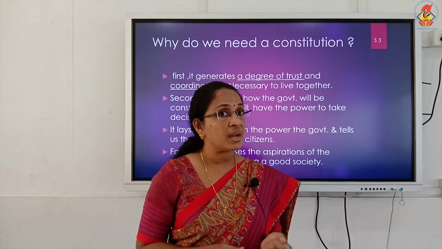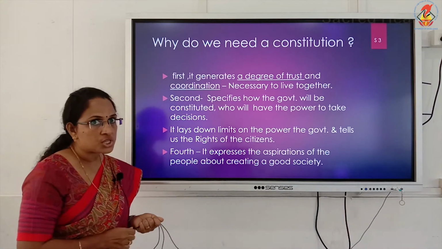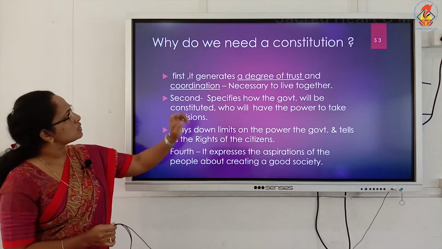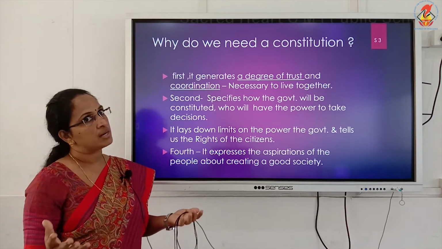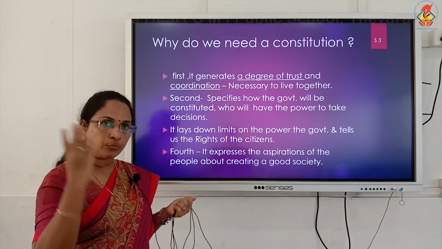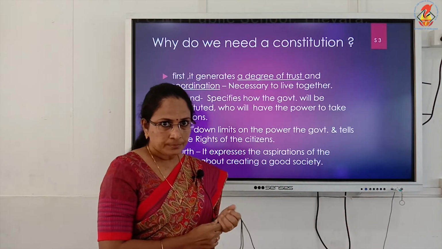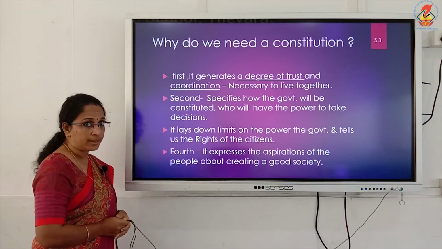So what have we discussed now? Why do we need a constitution? We need a constitution for several reasons, and in your book, 4 main points are given. For the exam point of view, we need to learn these 4 points.